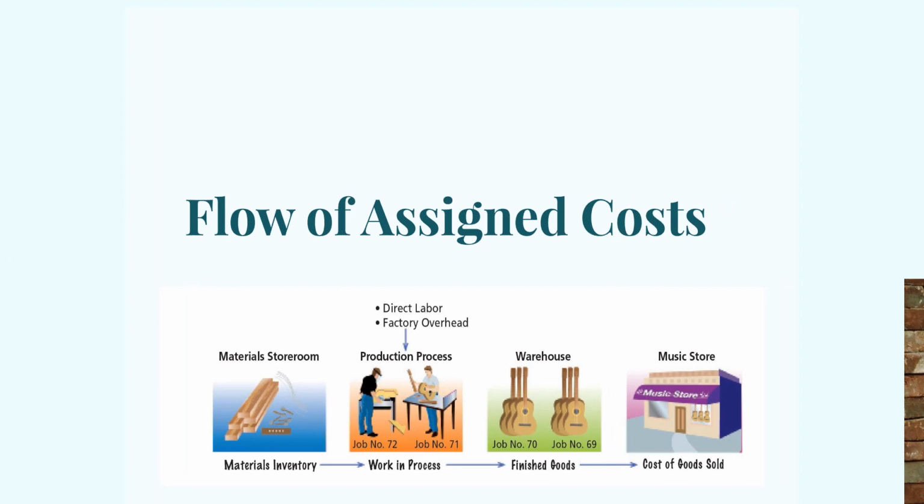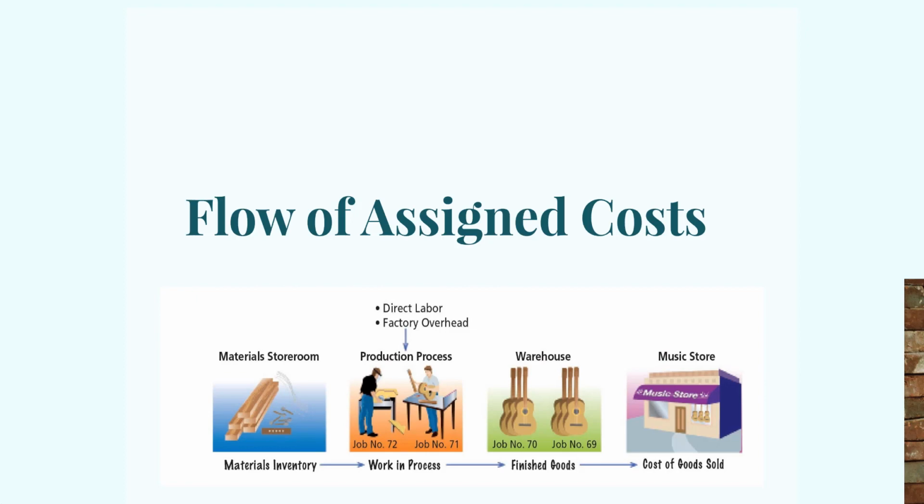To understand how we account for costs in any particular costing system, we need to understand the flow of the manufacturing costs. Products will start as raw materials. We store these in our materials inventory. Once a job has been started, these materials get moved to work in process.